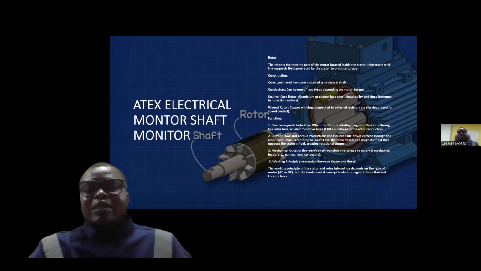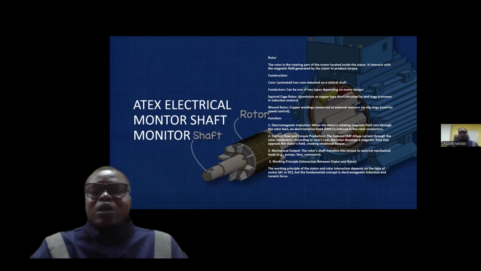The cage rotor is an aluminum or copper bar short-circuited by end rings, which is common in induction motors. Then the wound rotor is a copper winding connected to an external resistor via a slip ring, which is used for speed control.